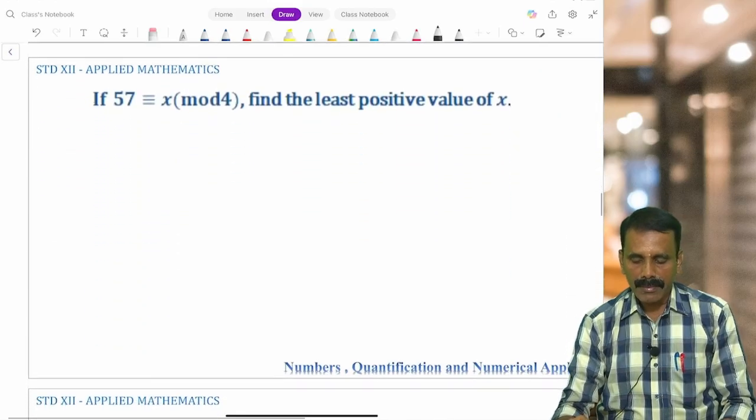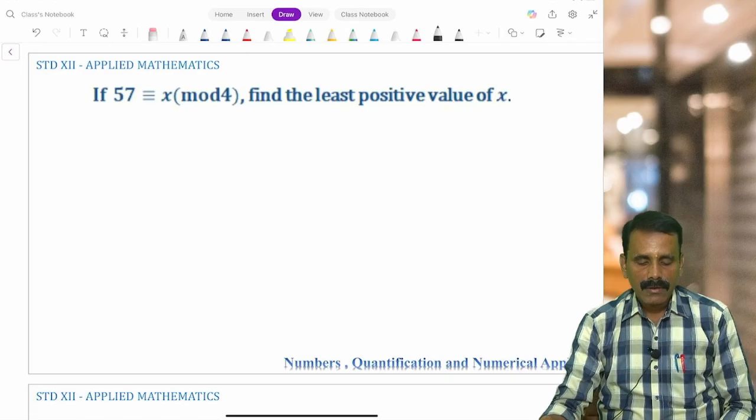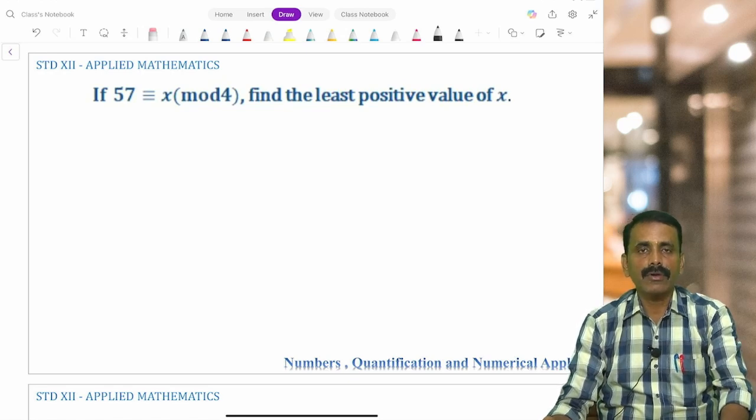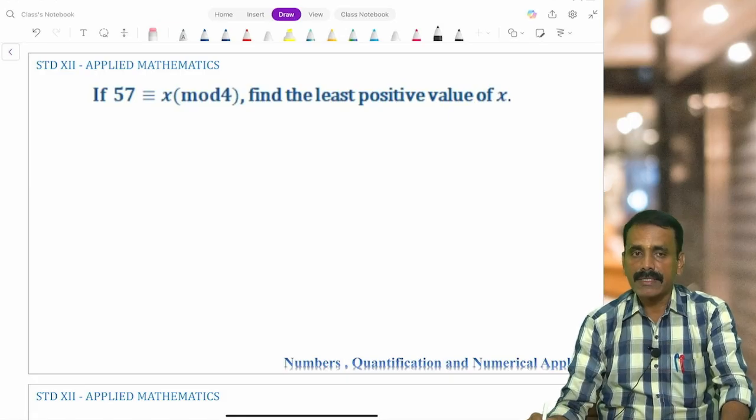Now we are going to see a typical question here. Read the question. If 57 is congruent to x mod 4, find the least positive value of x. We are going to find the least positive value for x. Usually, how to find the value of x?